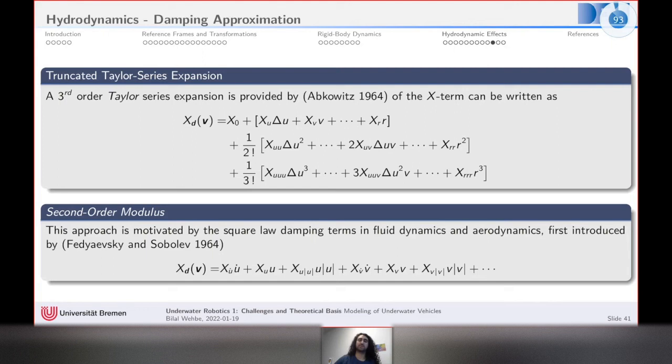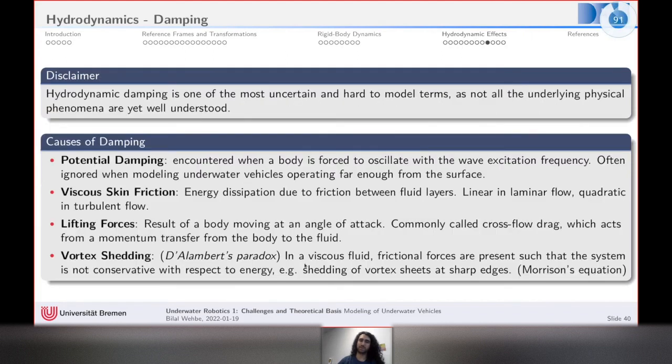Another method that is also often used in modeling submarines is the so-called second order modulus. This model is also widely accepted. You can see here that we also multiply by the absolute value of the velocity, and this is inspired by what is called Morison's equation.